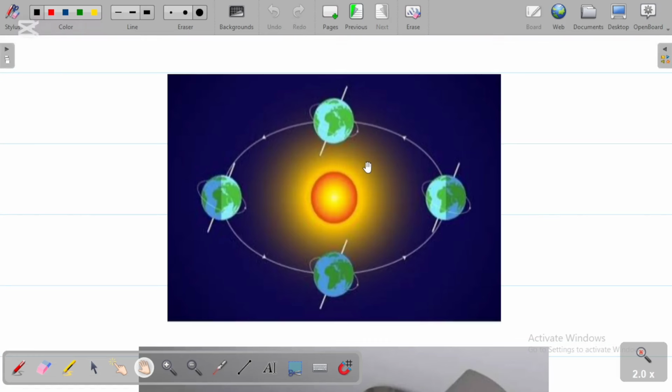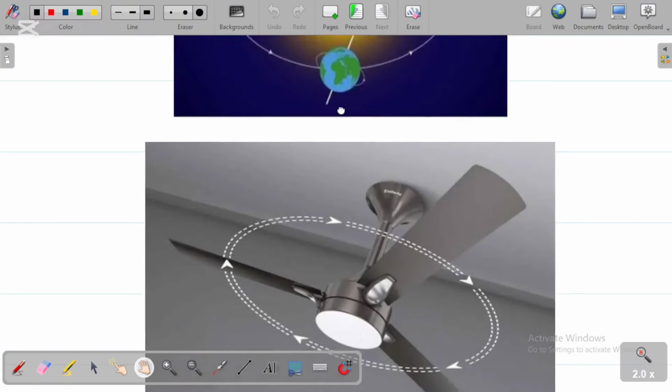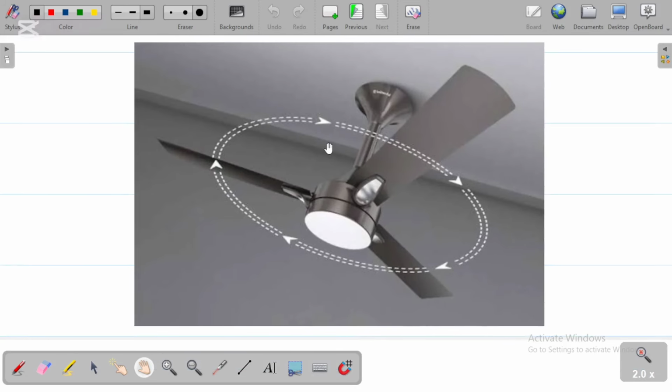Alright, so this is a picture of the Earth revolving around the Sun. There is no fixed axis for the Earth, but it revolves around the Sun. So this is called a circular motion. Here we have a fan.